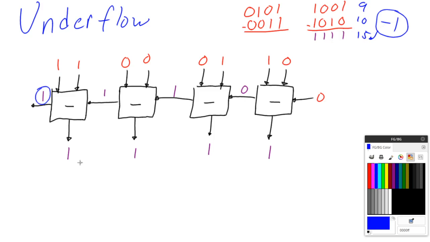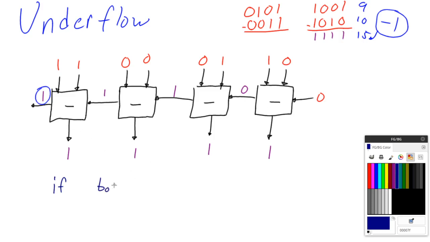And as it turns out, this bit right here indicates an underflow. It indicates that a number is going negative. So for subtractors, this is our borrow out, and this is a borrow in.